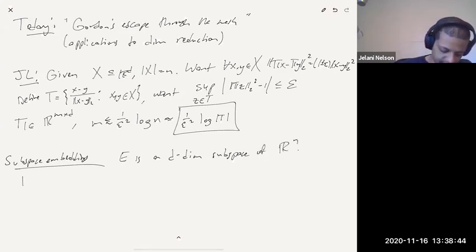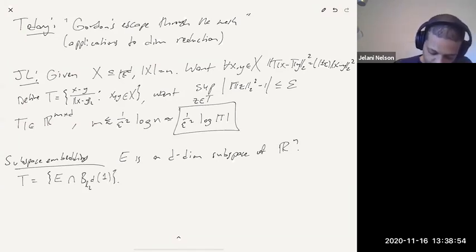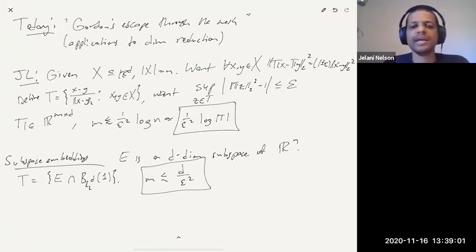So you can think that T now is basically E intersected with the unit ball of radius 1. And then what can you get away with? On the p-set, you should get away with d over epsilon squared. You did that by basically applying JL to a net of the unit ball of the subspace.